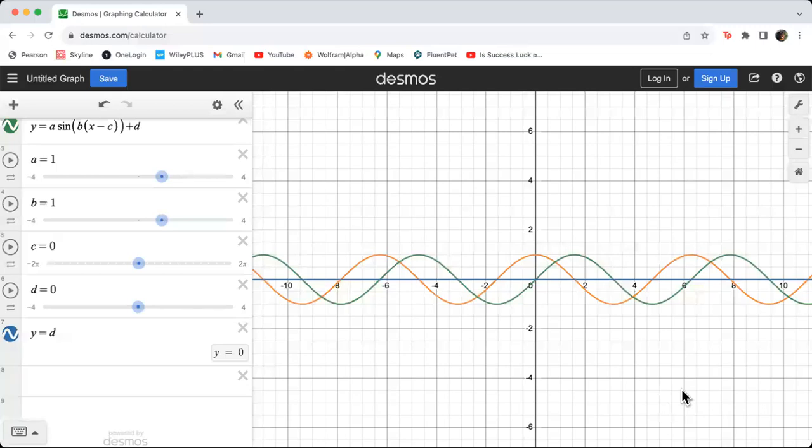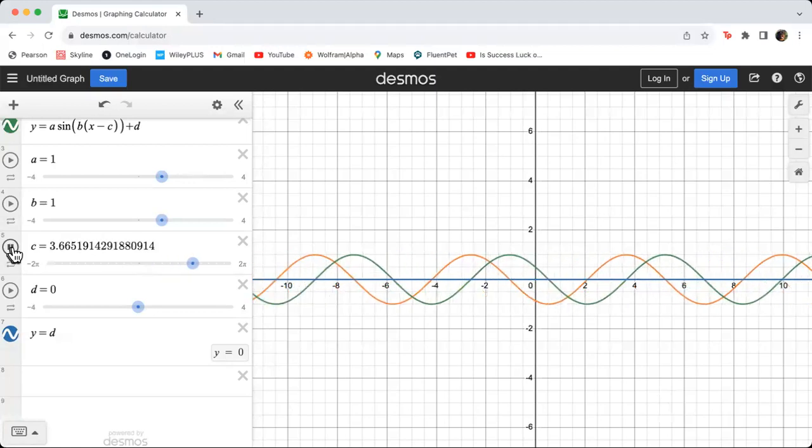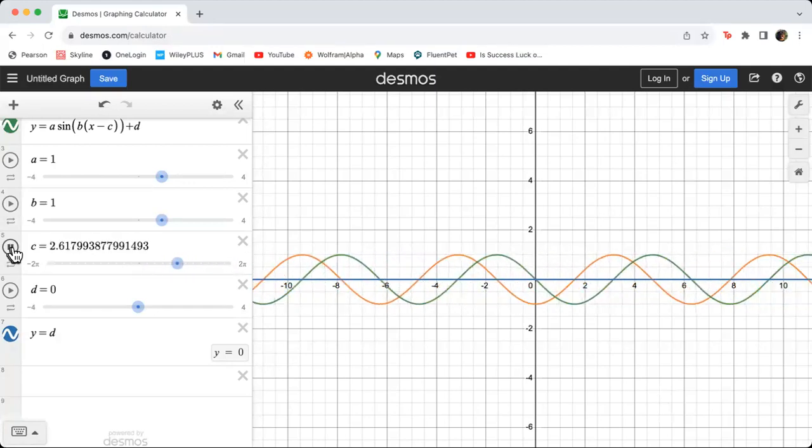So I've set everything to our default. Our multiplication changes are at 1. Our addition changes are at 0. And I'm going to start changing the value of C. What's happening when we change the value of C, aside from the fact that I picked some weird numbers for this one?